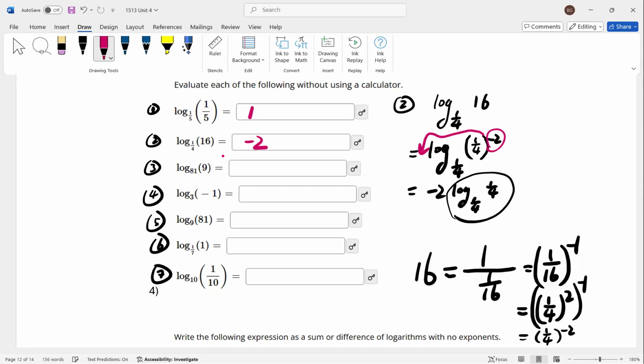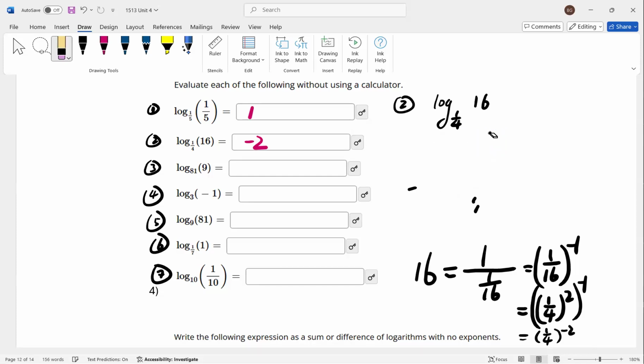One strategy to evaluate a log, especially when the base and argument are somehow related, is to write the argument as a power of the base. If we can do that, then we can evaluate. But this might be a little bit challenging, so we can try something else.